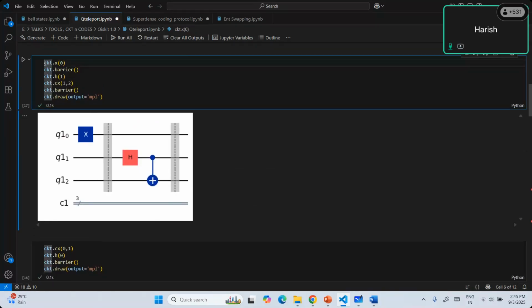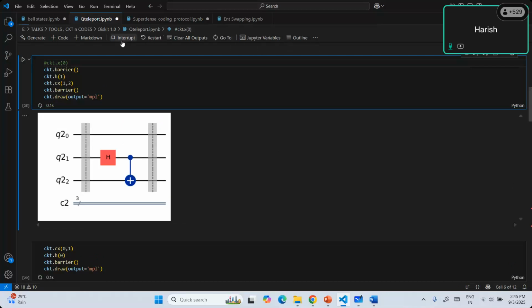So I'm commenting that part out. Now we are initializing the qubit with the 0 state. Just rerun it. We are not applying an X gate here, so the first qubit is initialized with 0 only. What we expect is that at the end, the third qubit should have the 0 state.